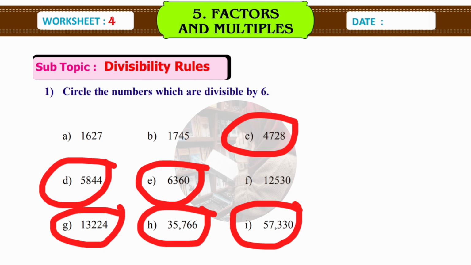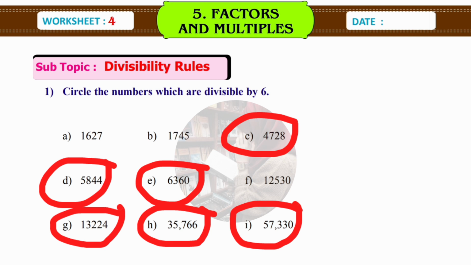What is the divisibility rule of 6? The rule is that the given number should be divisible by both 2 and 3. Then we can say the given number is divisible by 6. If it is not divisible by either 2 or 3, then the number is not divisible by 6.